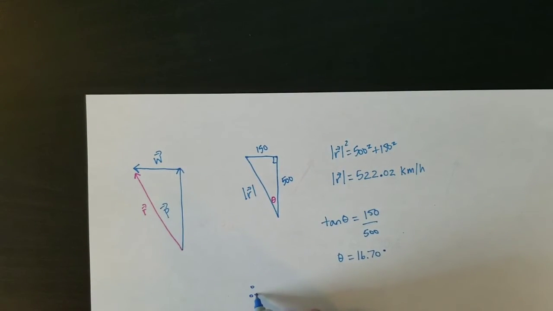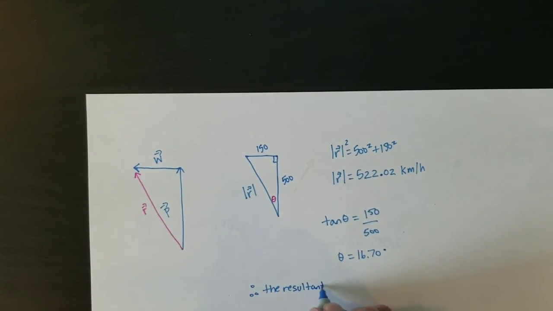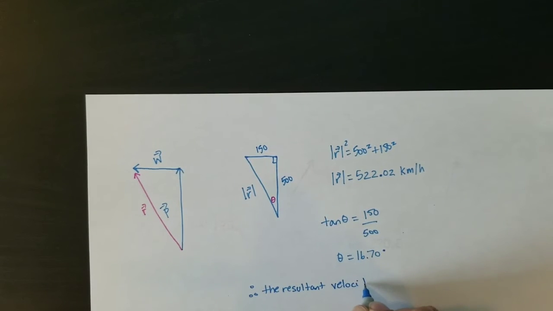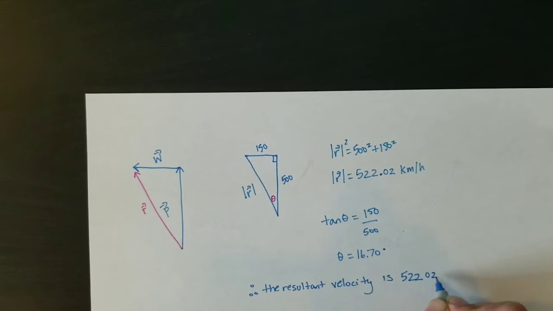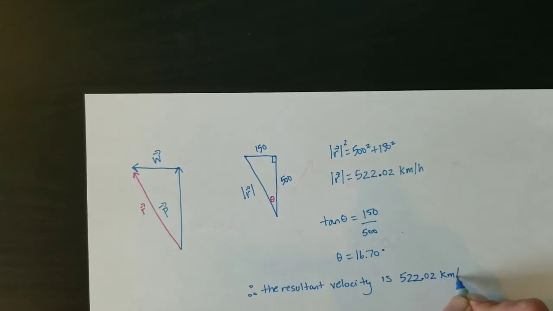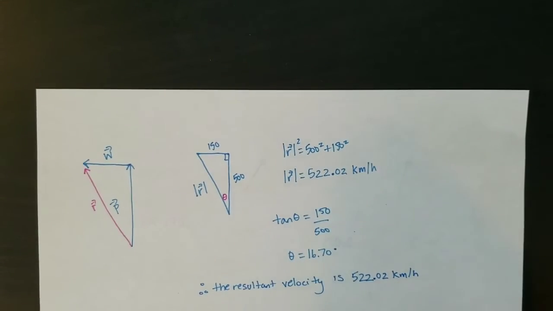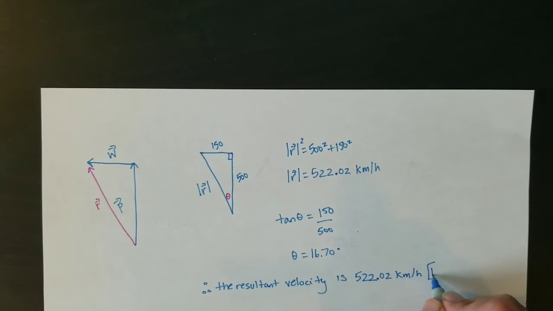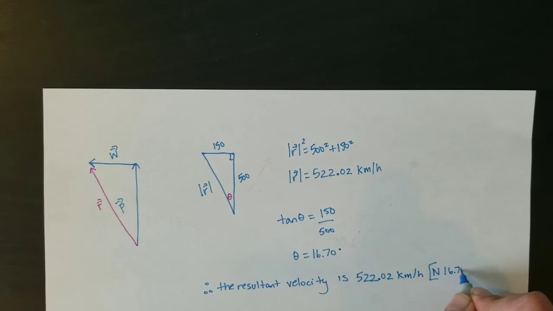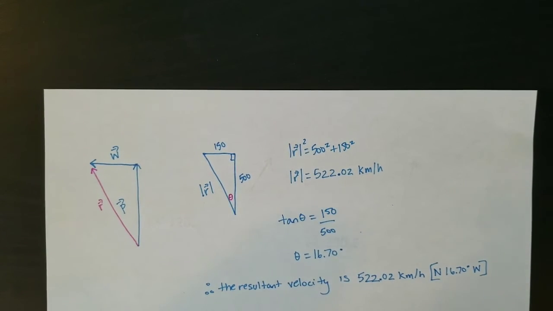So you'd say, therefore, the resultant velocity is 522.02 kilometers per hour. And then remember that we can use those square brackets when indicating direction. I'm going to say that's north 16.70 degrees west.